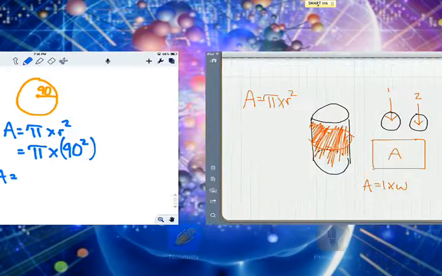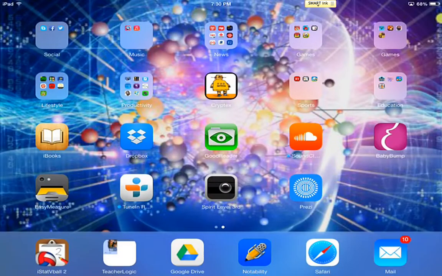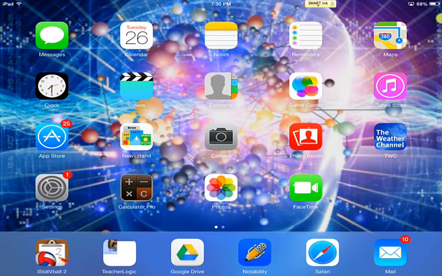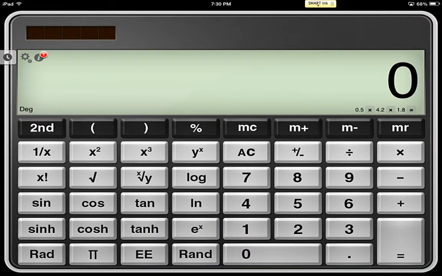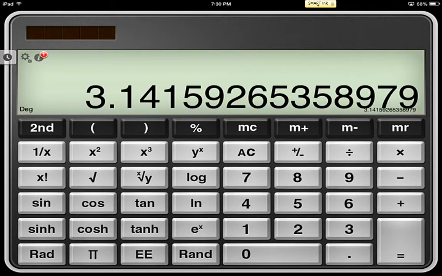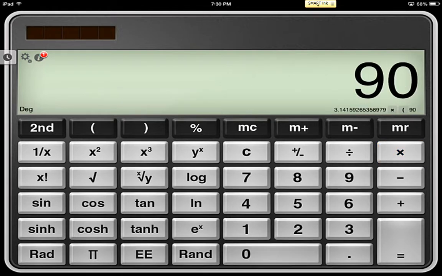Let's pull up a calculator. My area is pi times, open a bracket, 90 squared, close the bracket, and you can see in the lower portion, just below the 8100, pi times 90 squared.